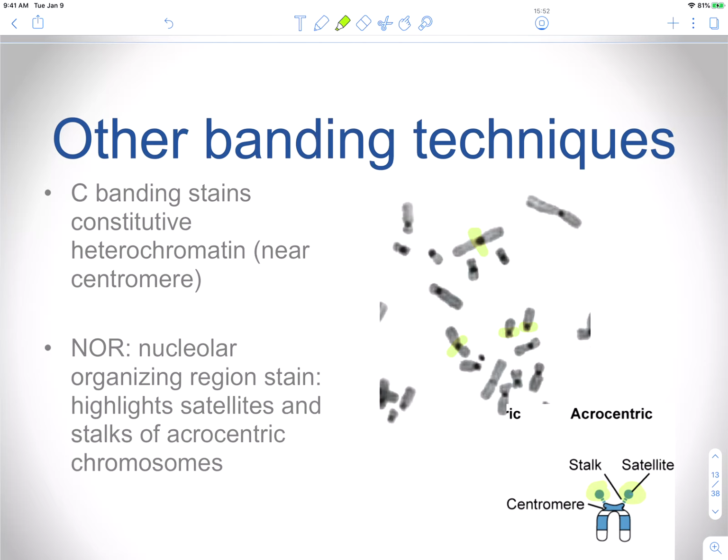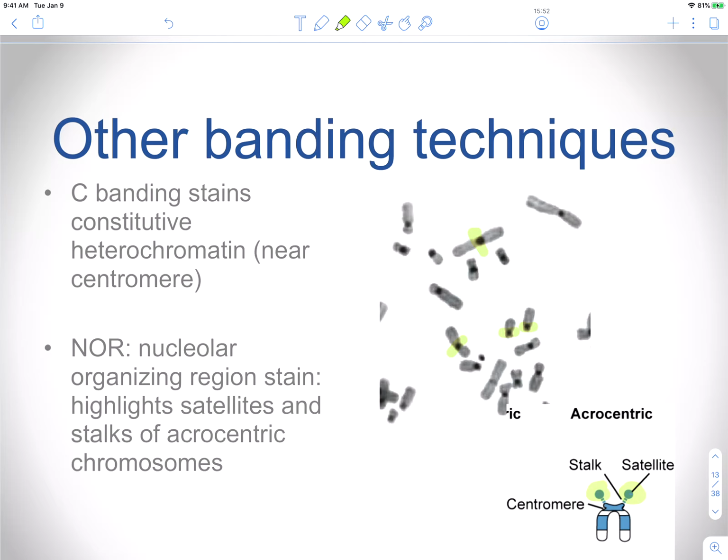There is another staining technique called fluorescence in situ hybridization. These can stain during your interphase, and this is going to be sort of like a probe staining. In order to use this staining technique, you have to know what you're targeting. You have to have a target for it.